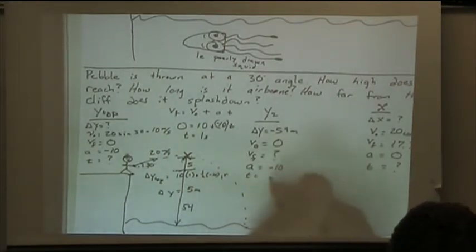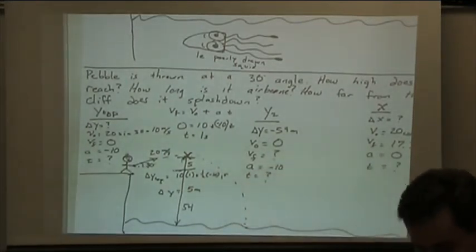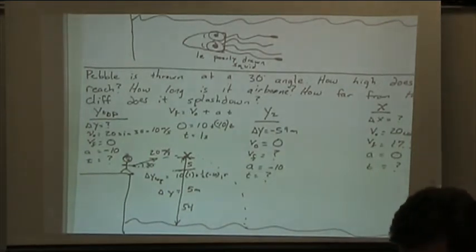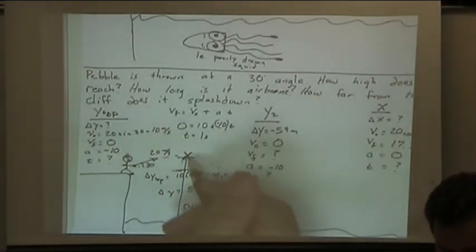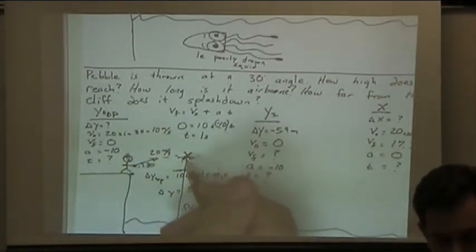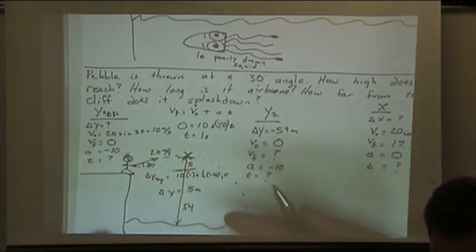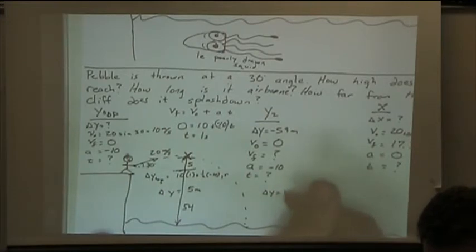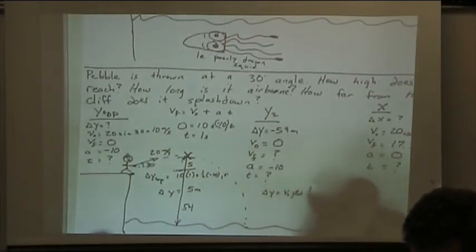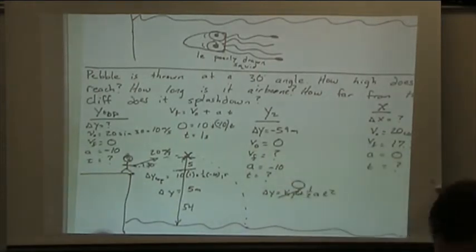Time, we're not quite sure of. What we can do here is treat this like we're just dropping it off of a higher cliff, because we start with 0 vertical velocity. It's just like the dropping problem. So we'll say that delta Y equals V naught Y times time plus 1/2 a t squared. This part goes to 0.